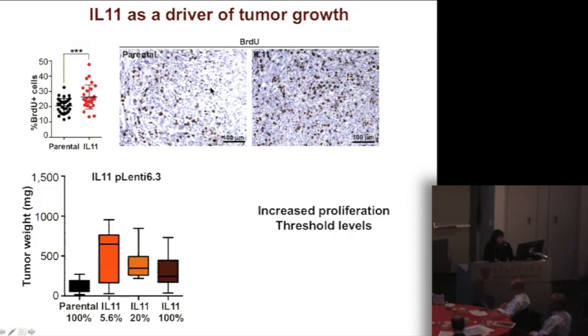I showed you earlier when we looked at the proliferation rates of these tumors, the parental and IL-11, the IL-11 expressing tumors were significantly more proliferative. It's a slight difference, but it's enough to explain the bigger size of these tumors.